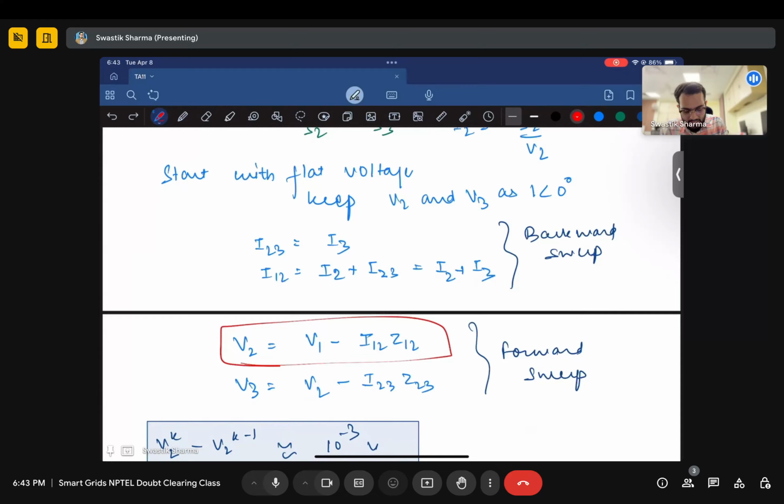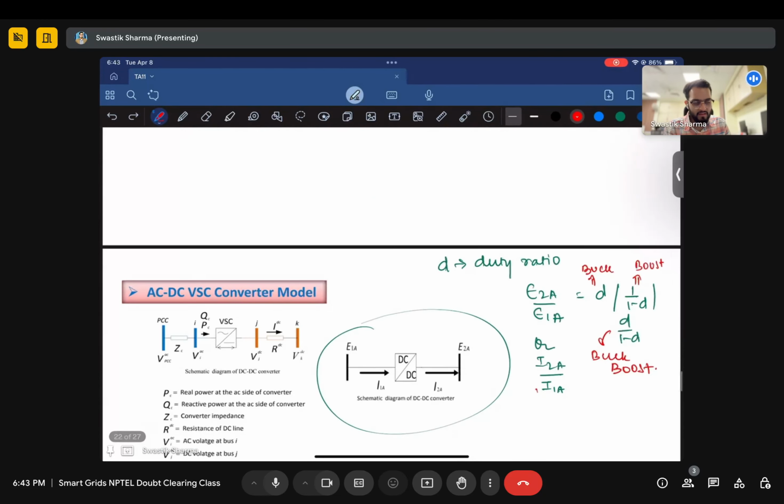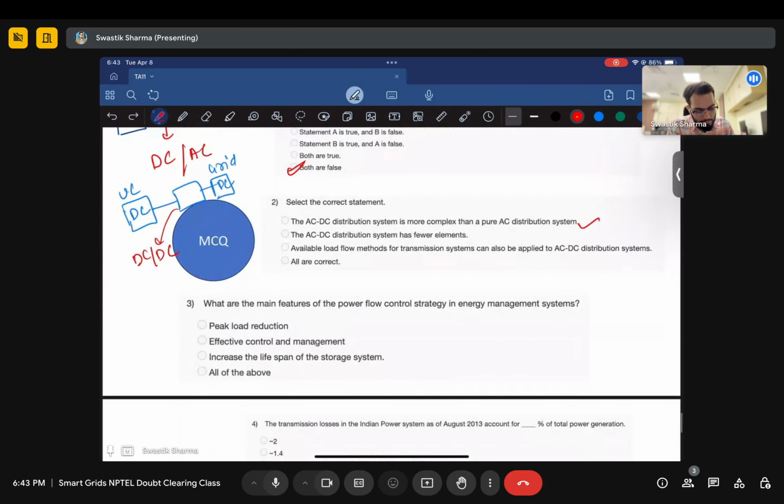That is why modeling of DGs or modeling of this converter is essential for your AC-DC distribution system to be able to use forward backward sweep, right?